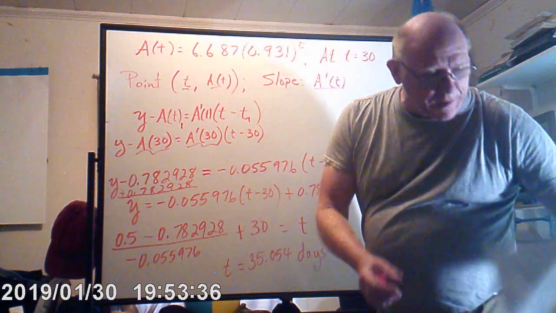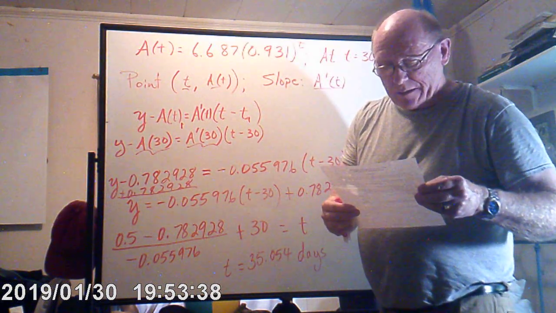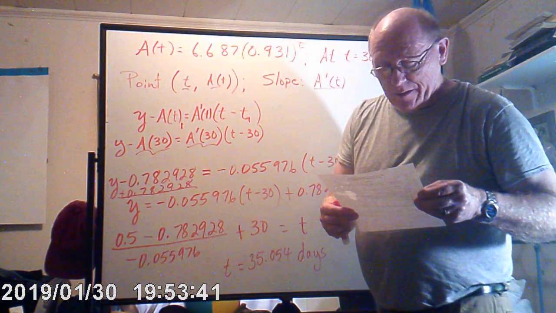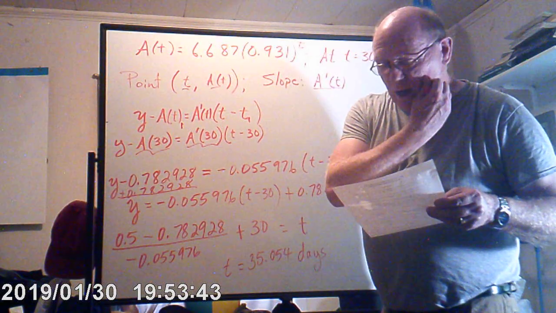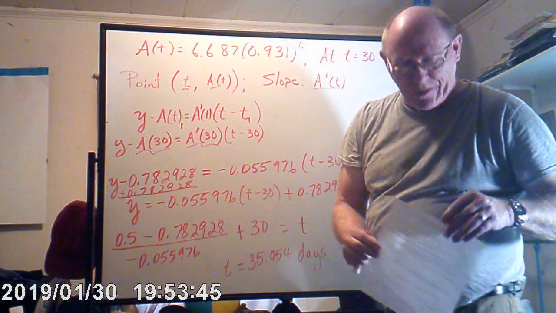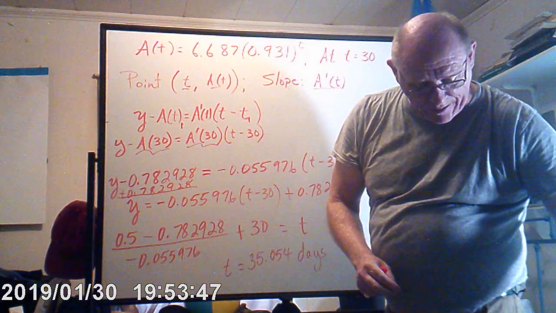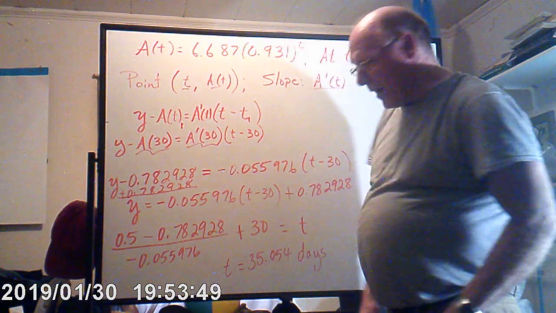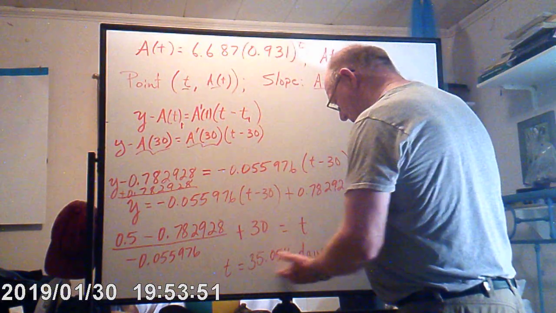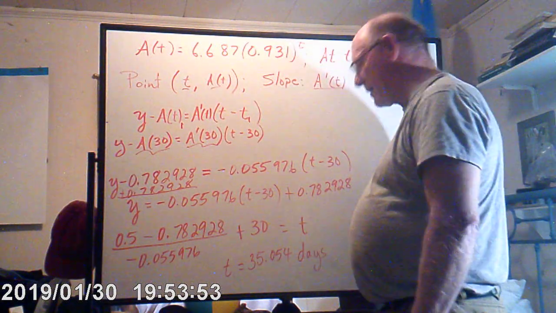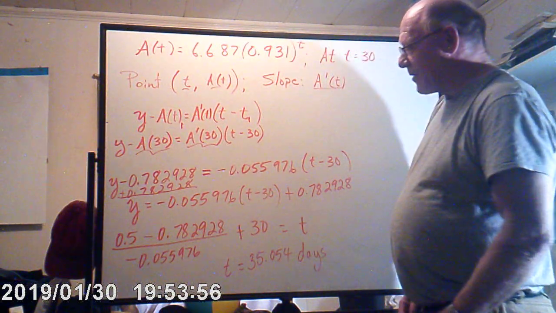Let's see, what does it say? Predict the time in days that there will be 0.5 pounds of grass clippings. So that's the number of days that it will be 0.5 pounds of grass clippings. So a little bit past 30 days. And that's really what you do.